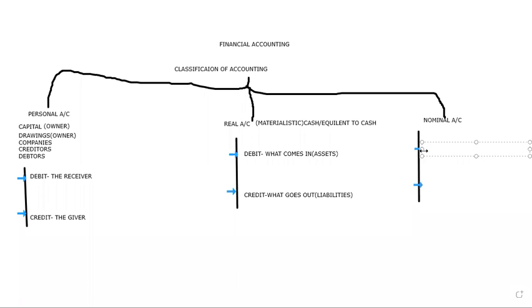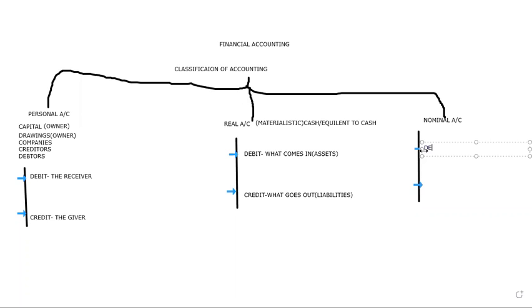Whereas incomes and gains, you give next priority, because you take them into consideration only when you actually receive the cash in your hand. So that is what we have learnt in the convention of conservatism. The same thing we are going to apply here.